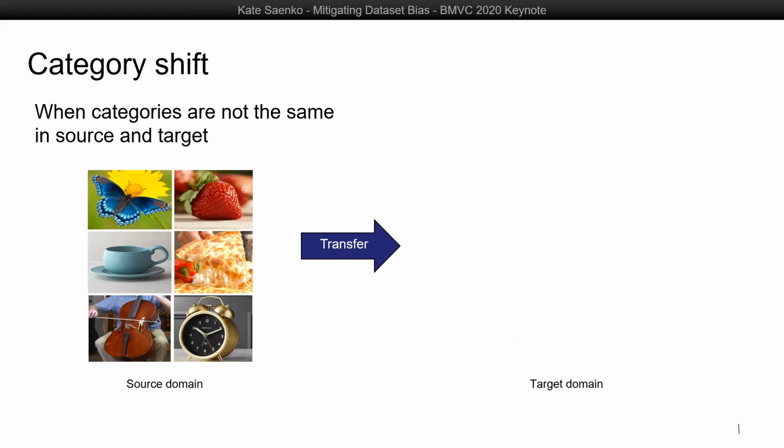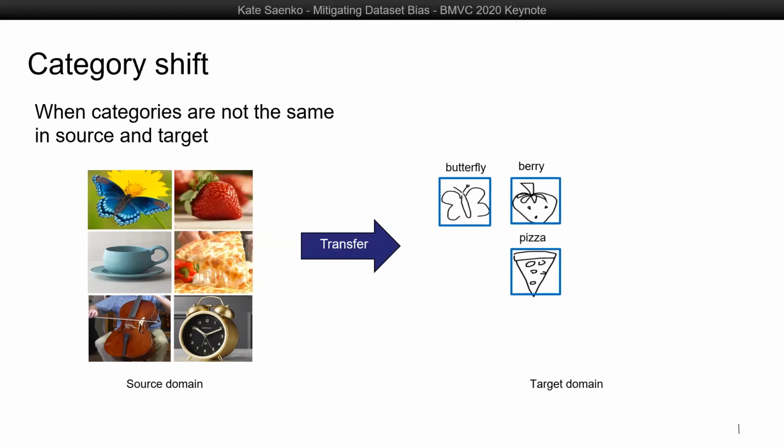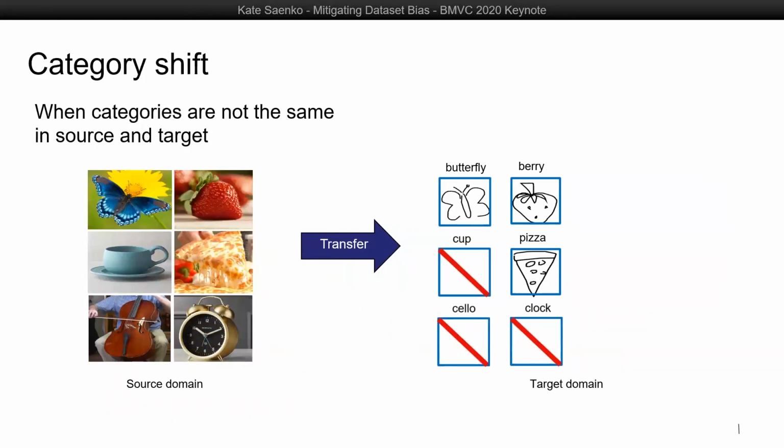And then at test time, we might get some new data where some of the categories are the same, but some are not. So let's say we're transferring from this real image domain to a drawing domain, where some of the categories are the same in the source and target, but some other categories are missing in the target. And furthermore, some categories are completely new in the target.